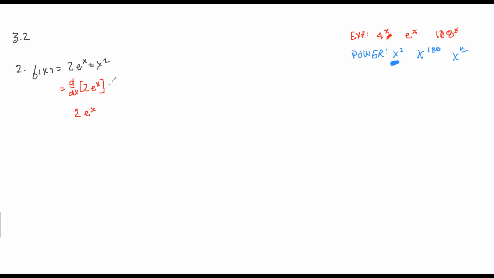And then I'm going to add to it the derivative of x squared, which is going to be 2x. So that is my f prime of x. And again, this is based on the rule that the derivative of e to the x is equal to e to the x.